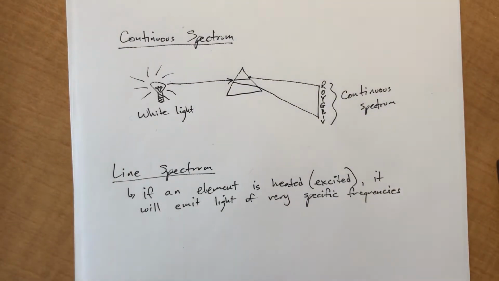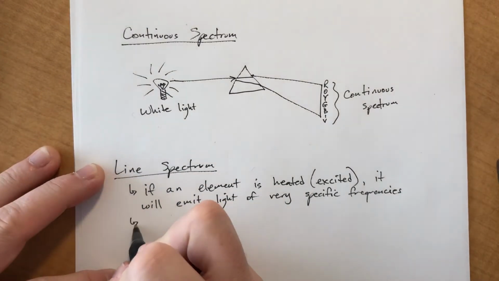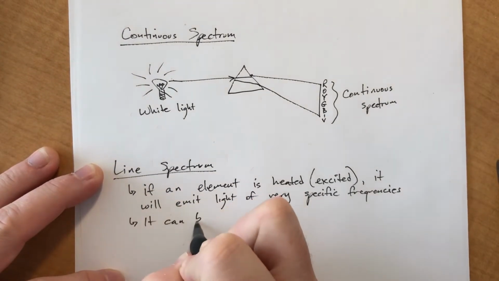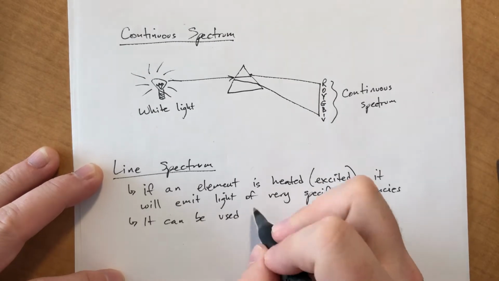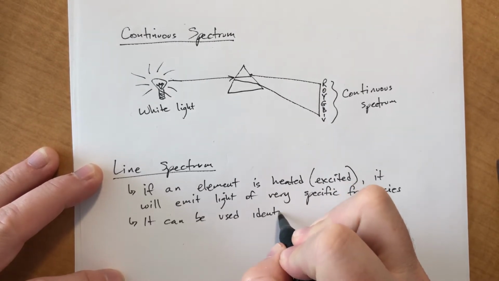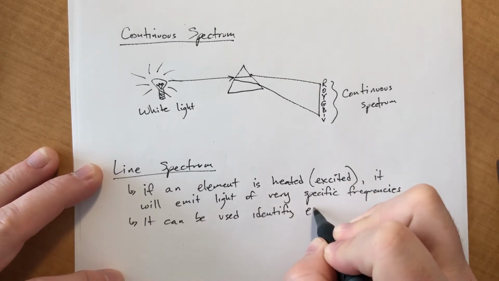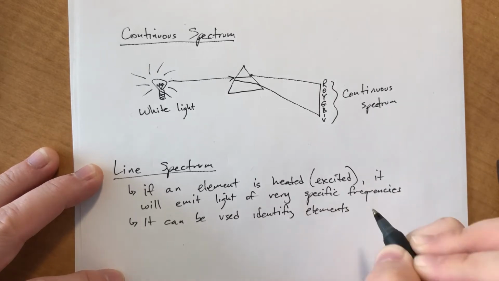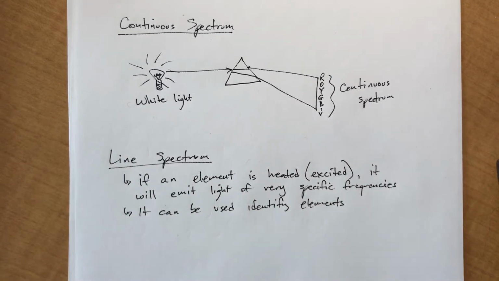And the frequencies that it emits are very, very specific to that element. It can be used to identify elements. This is actually how they identify how old stars are.